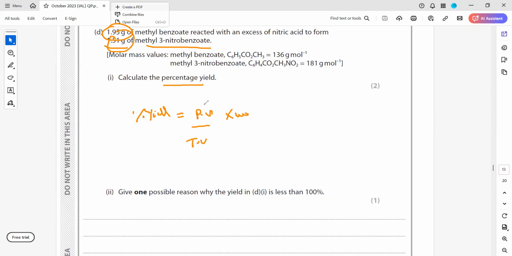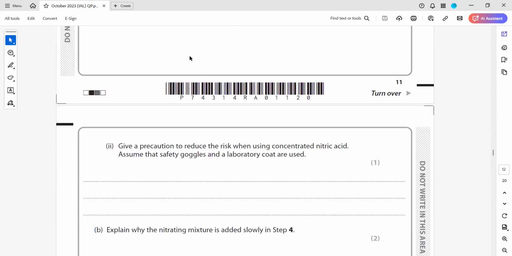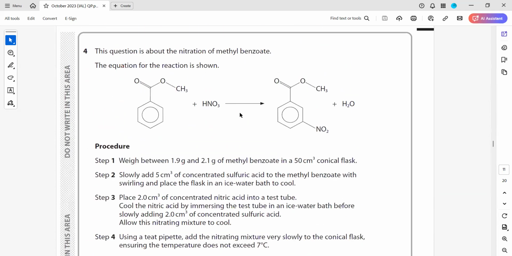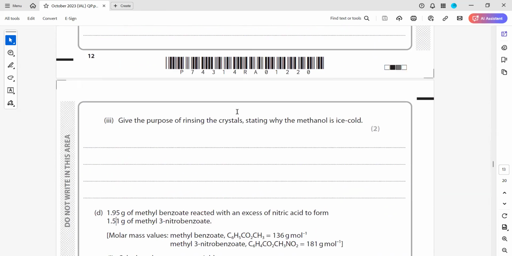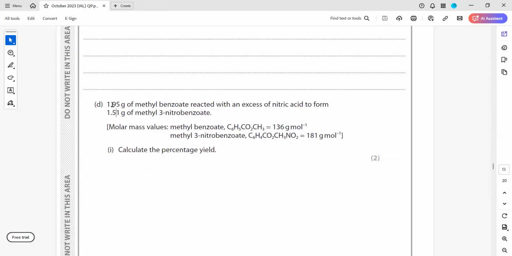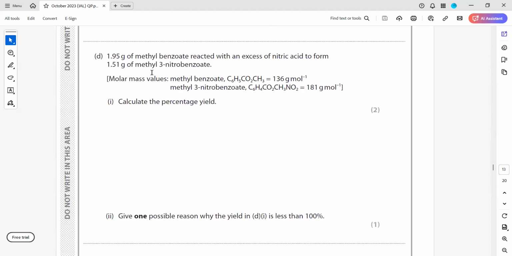That is the practical value. But theoretically, how much should we get? The mole ratio is 1:1, as you can see from the equation, so we can take a mass ratio.